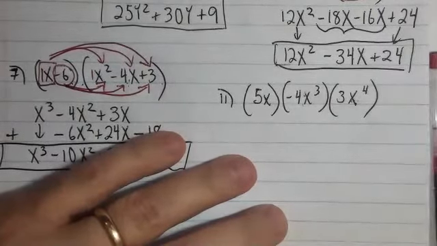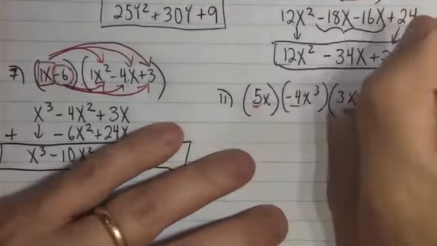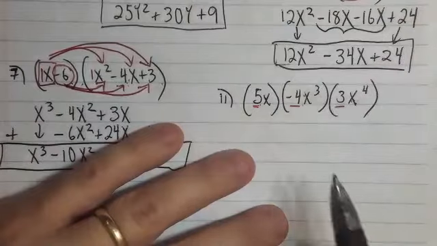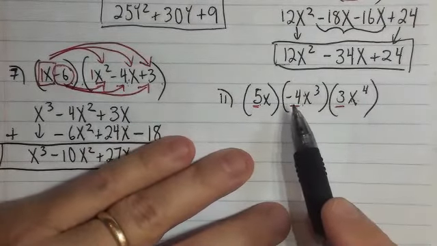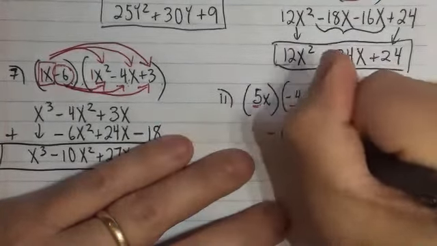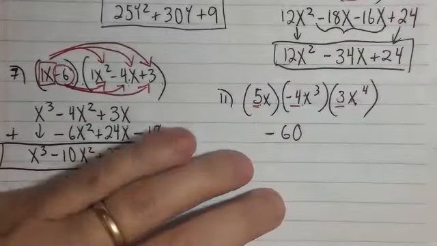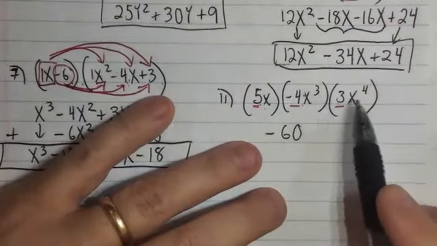And really, the easiest way to do that is you just multiply your coefficients first. So 5 times negative 4 is a negative 20. And then negative 20 times 3 would give me a negative 60. So that's the first part. Again, you're multiplying x's together. We're not adding them.